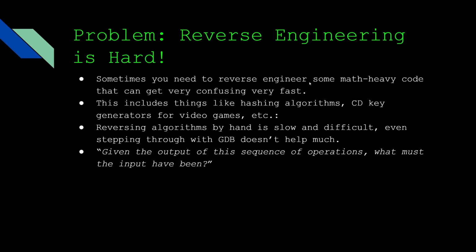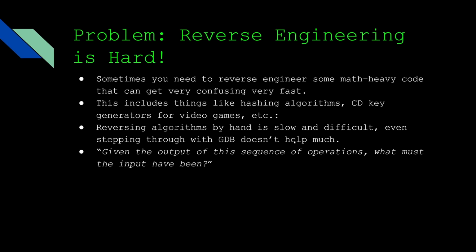An example of this is hashes, or generators like a CD key generator that proves that you have a valid license to play a game. And the list goes on. There's a lot of things where math-heavy operations occur, and reversing these takes time, like I just said. Even if you can run through them with GDB and try to see what happens, it's still really hard to figure out.